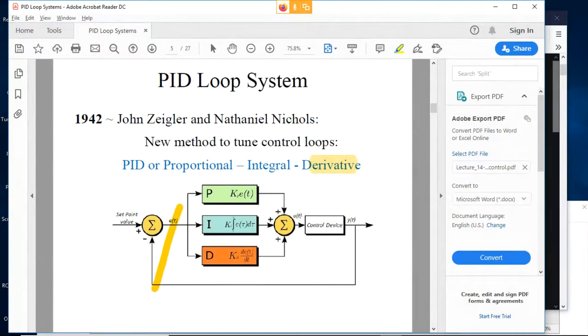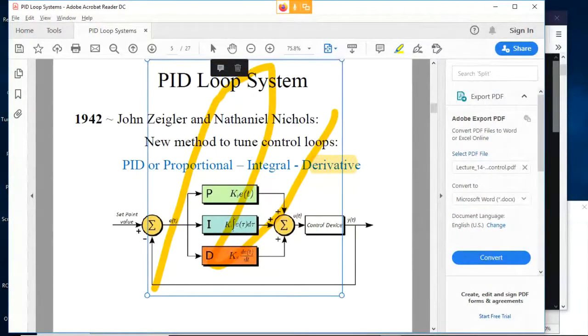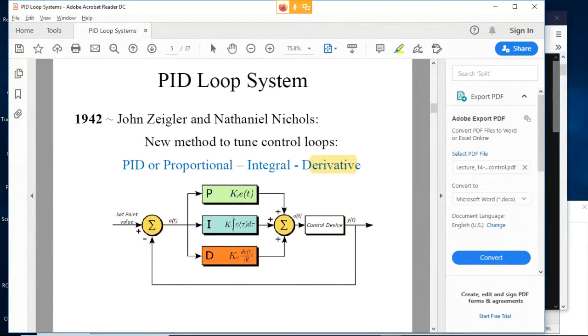But if the system is bouncing all around, and it's changing really fast, then with the derivative piece, this scaling factor here is going to be really big. So the derivative piece is used to respond to very quick changes.